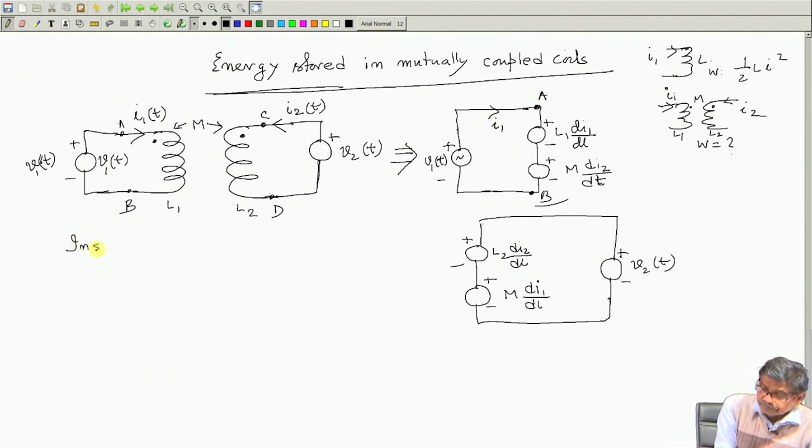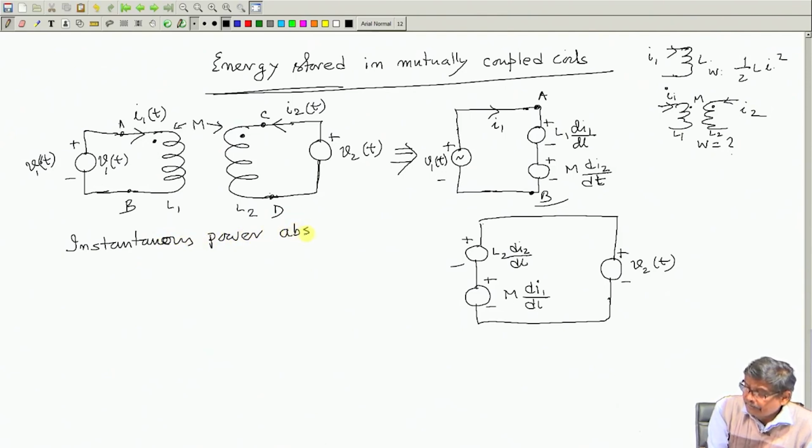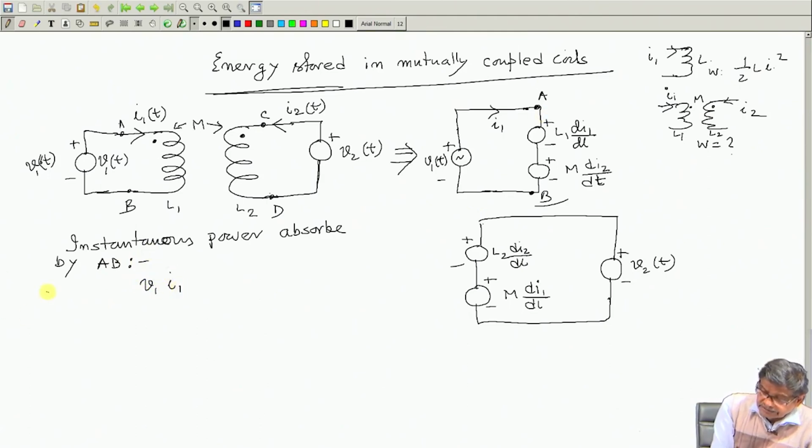The instantaneous power absorbed by the AB element will be V1 into I1, the instantaneous power.